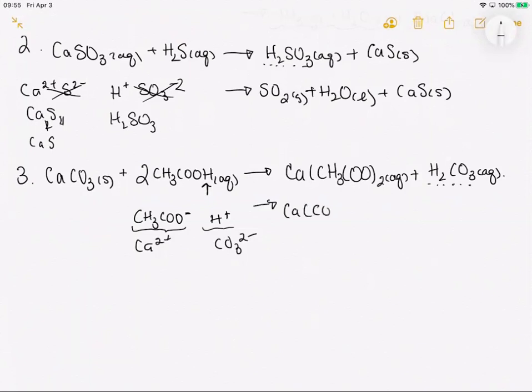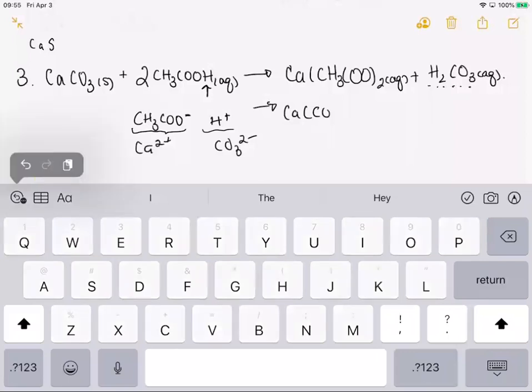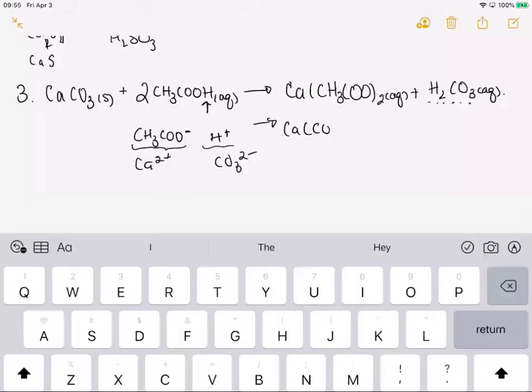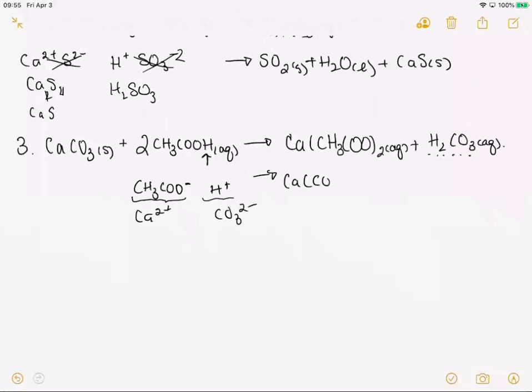So we have calcium acetate still being formed, plus, all right, we're going to have water being formed, and then you subtract water from carbonic acid.